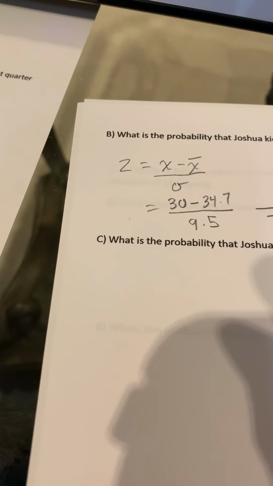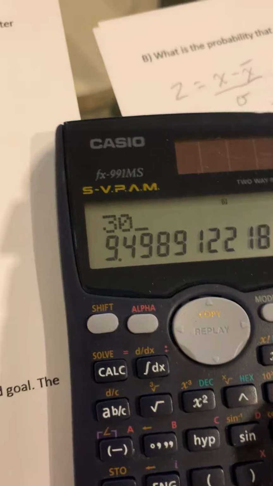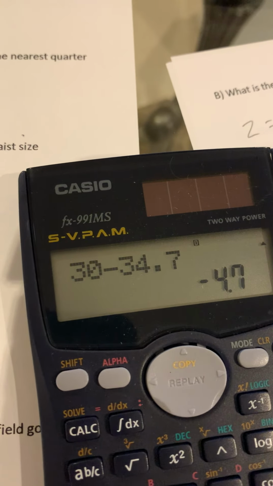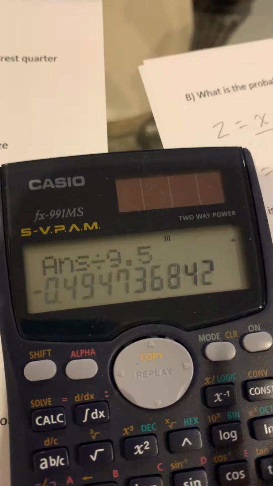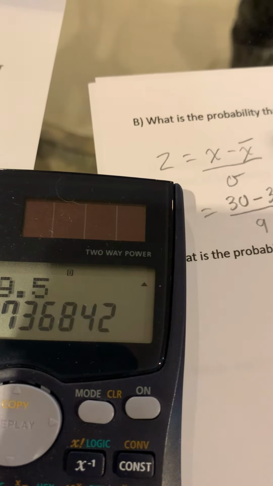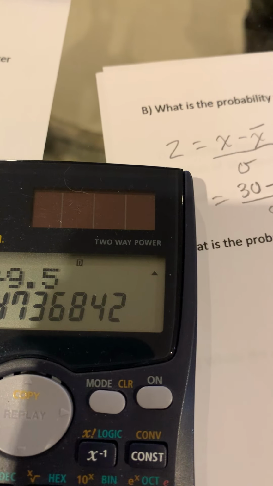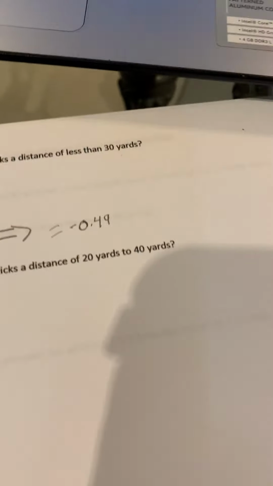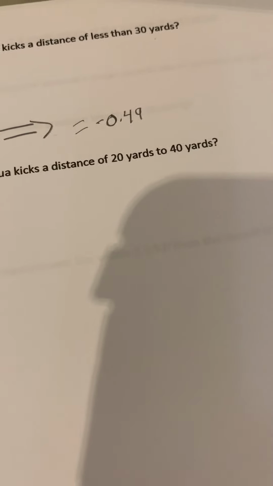When we calculate that, 30 subtract 34.7, divided by 9.5, gives us roughly negative 0.49. We're going to use 2 decimal places always when we are doing our z-scores.